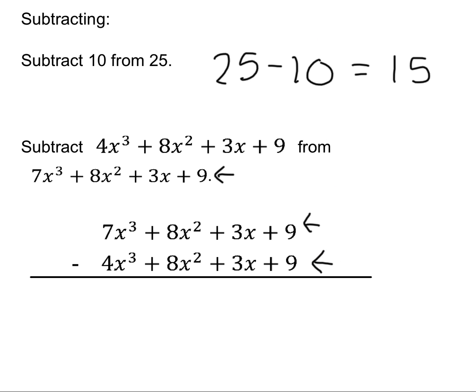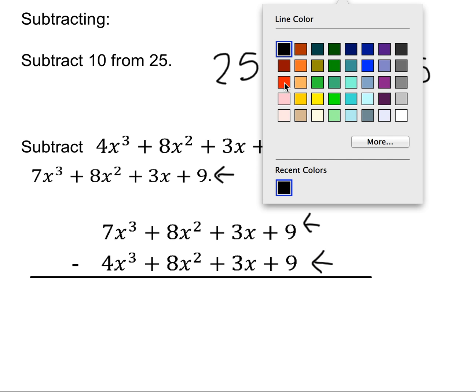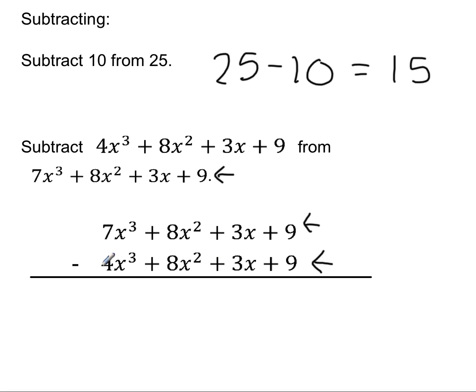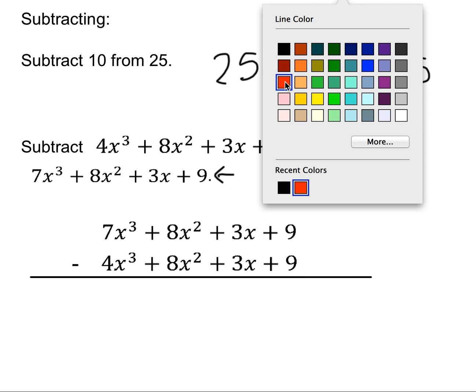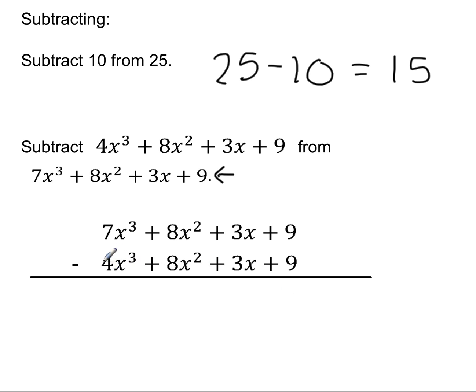Okay, now here's where it gets a little bit tricky. When you're subtracting something, you have to think about subtracting each and every single one of these terms. So what that means is you are subtracting 4x to the third, you're subtracting 8x squared, you're subtracting 3x, and you're subtracting 9.